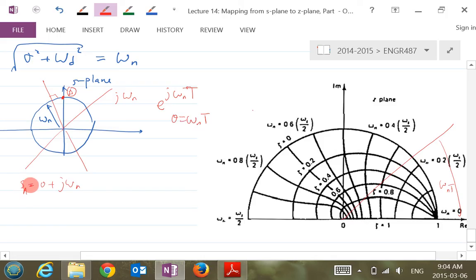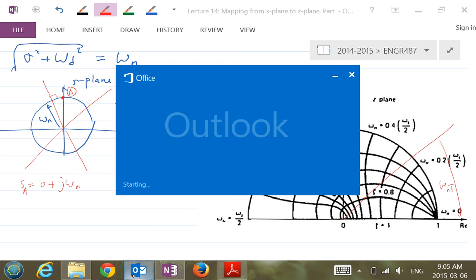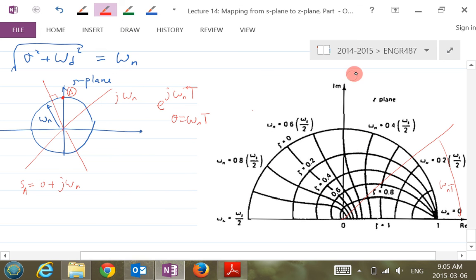So where is that going to be mapped to? It's going to be mapped to the unit circle, because sigma is 0 and theta is this omega. So A is going to be mapped to here. The corresponding angle for this location is theta, which is supposed to be omega n T.